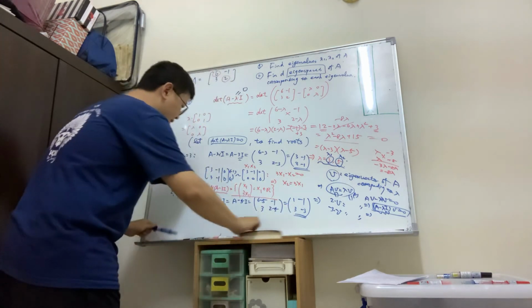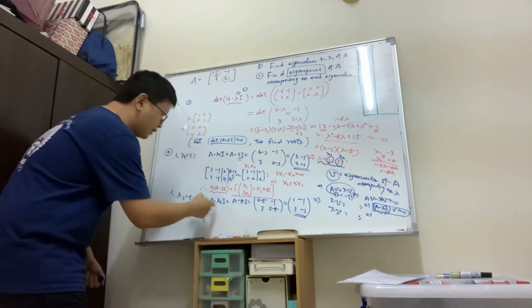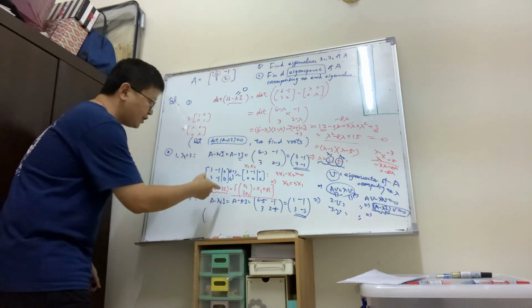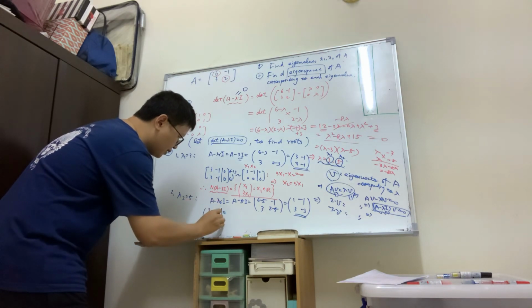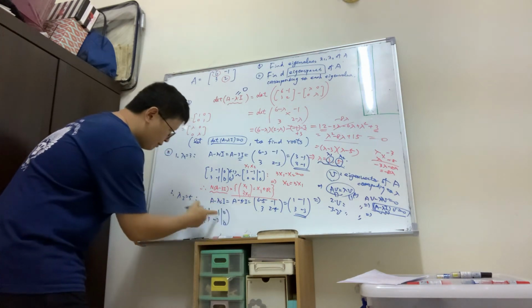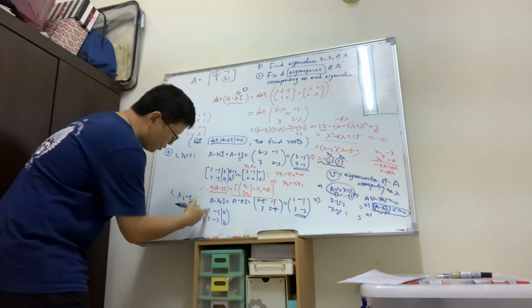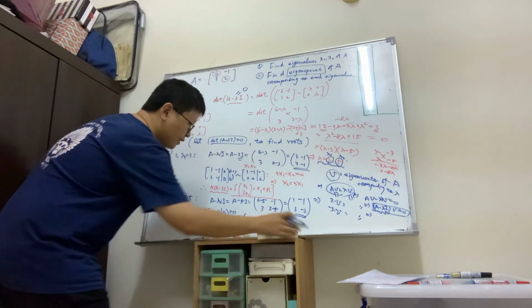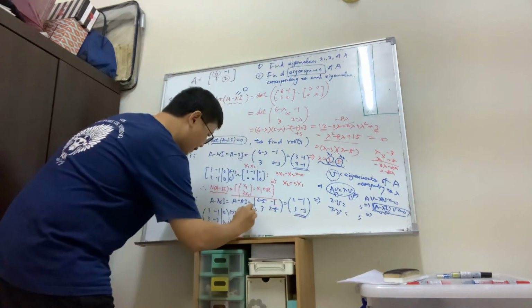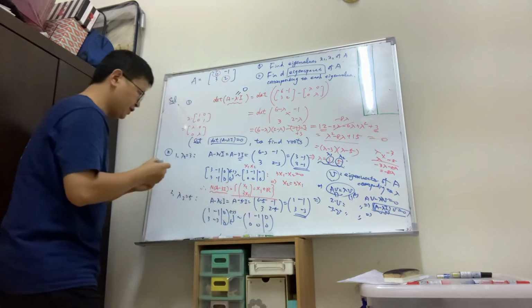Again, consider its null space, which means consider the solution set of this matrix times x equals 0. You could see that we can use the 1 to cancel the 3, and the negative 3 to cancel. So finally you will have 1, negative 1, 0, 0.